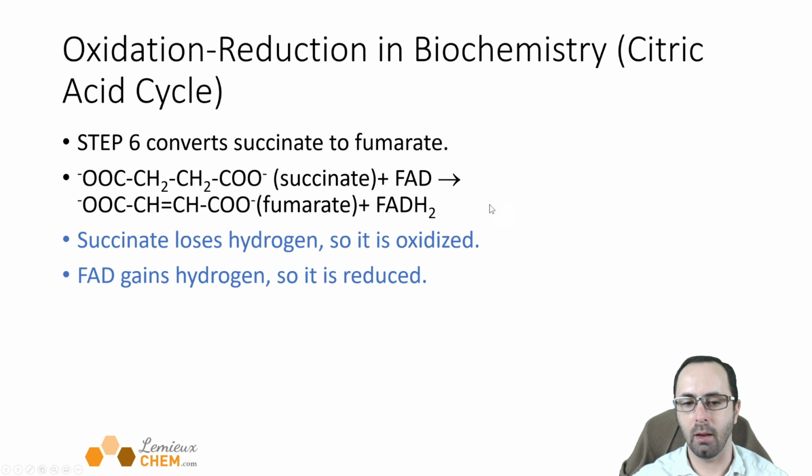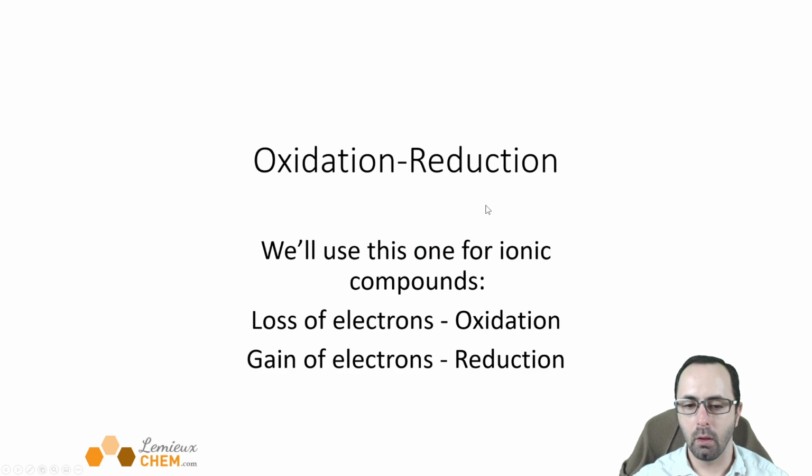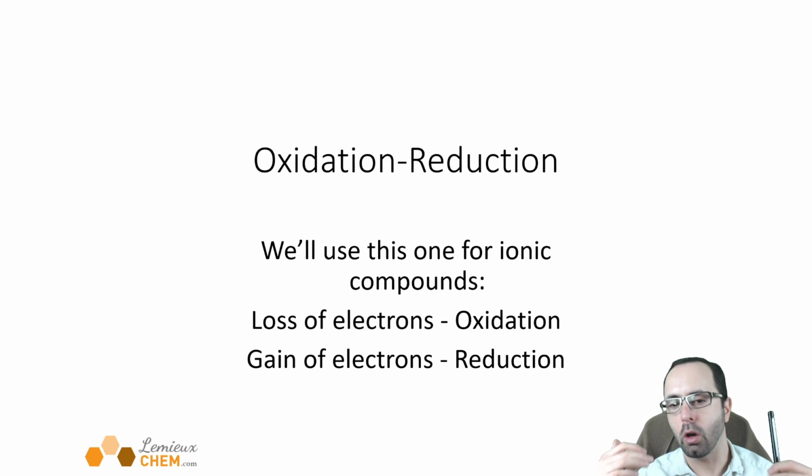And you're not going to be assigning oxidation numbers to evaluate what was oxidized or reduced. So we talked about now gaining and losing oxygen atoms and gaining and losing hydrogen atoms. Those are the ways of describing oxidation and reduction for covalent compounds.